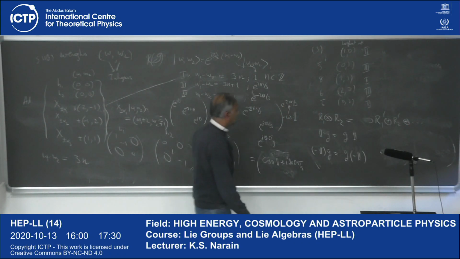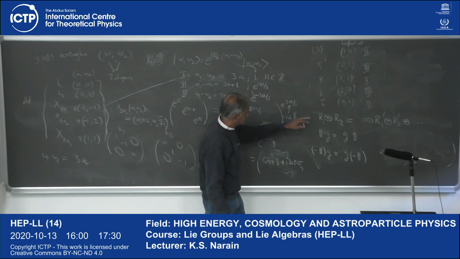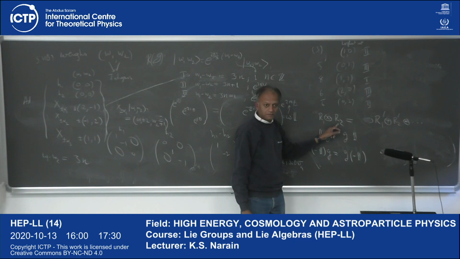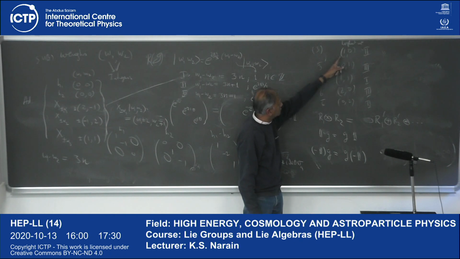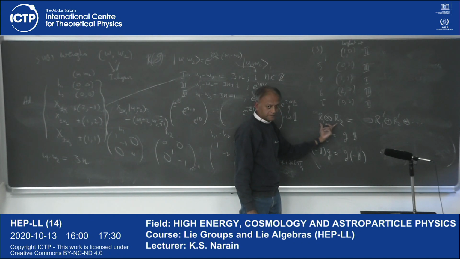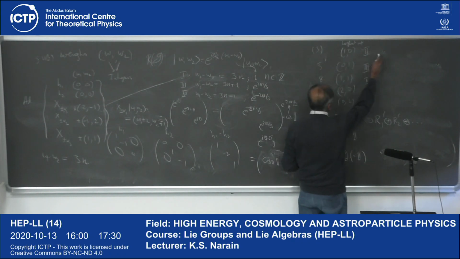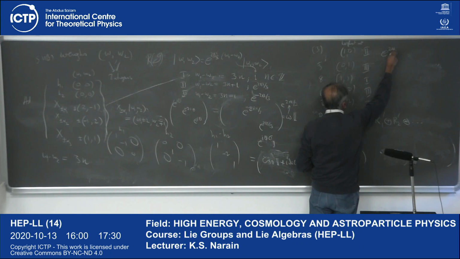Let's take an example. Suppose I take (1, 0) with (1, 0), two fundamental representations, and I take the product. Now, this one picks up a phase under the action of G, a phase e to the 2 pi i by 3.